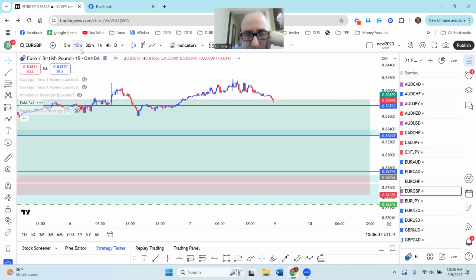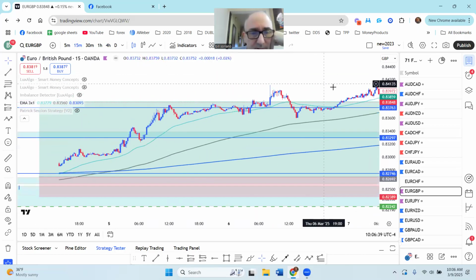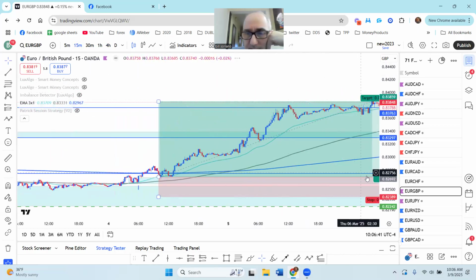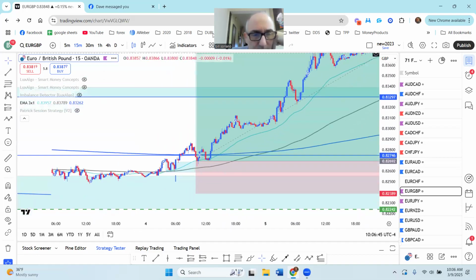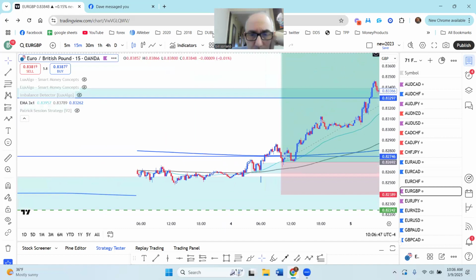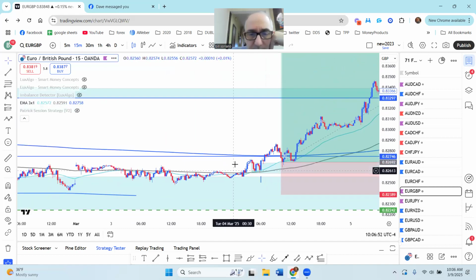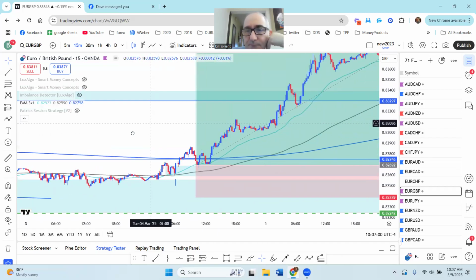So if you drop down to the 15-minute chart here to see what we were looking at, the entry was right around here because we got the change of character to the upside. We had an imbalanced area right here, and this wick came back and got us into the trade.